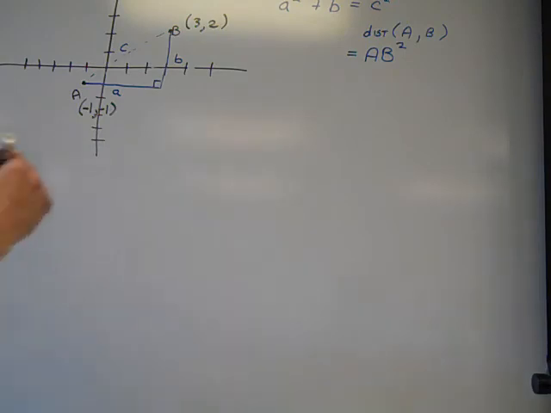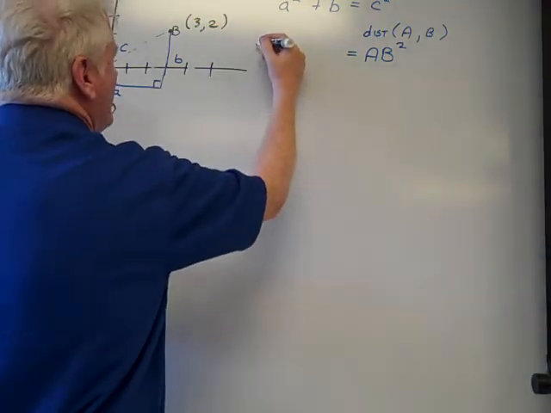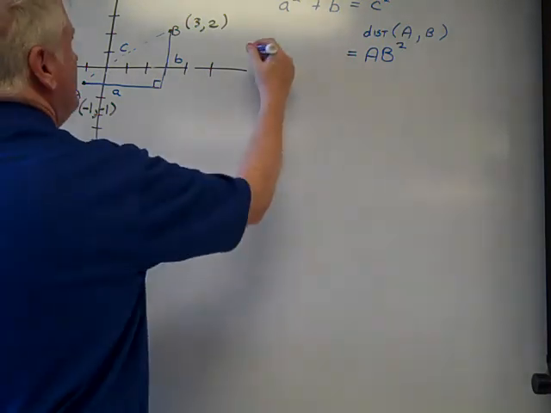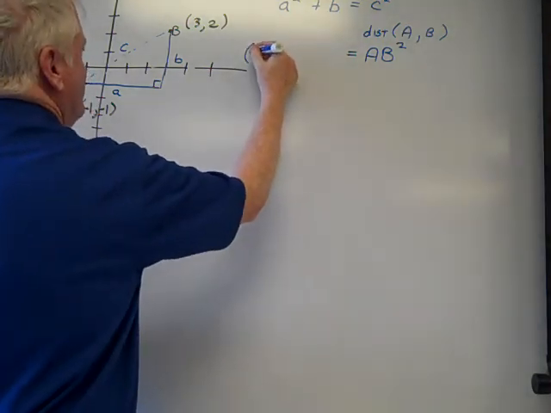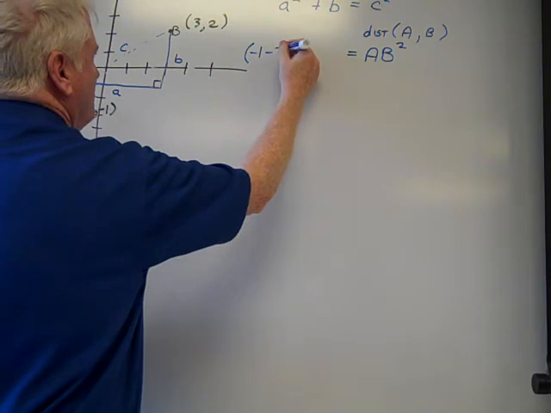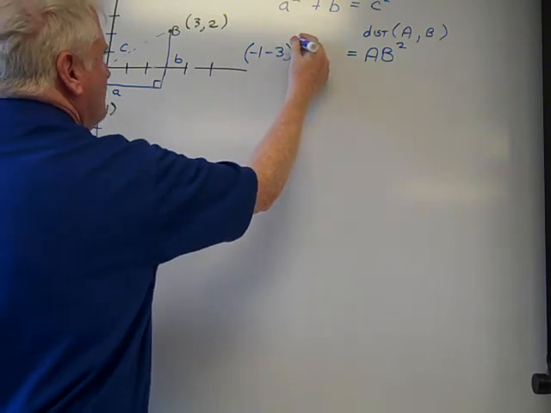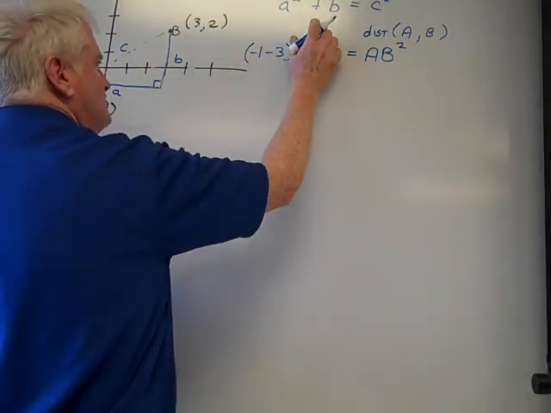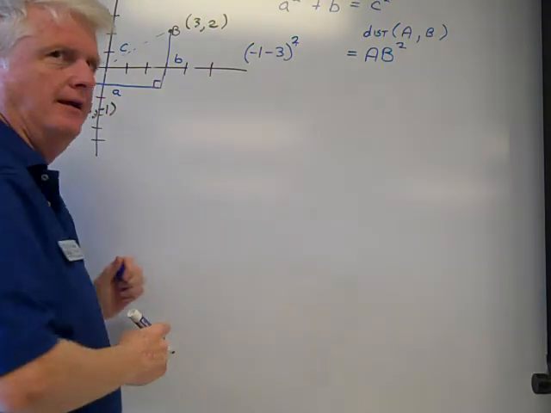Okay? So all a is going to be -1 minus 3 squared. This point minus this one squared. And that's usually done with a 2, not a 3.